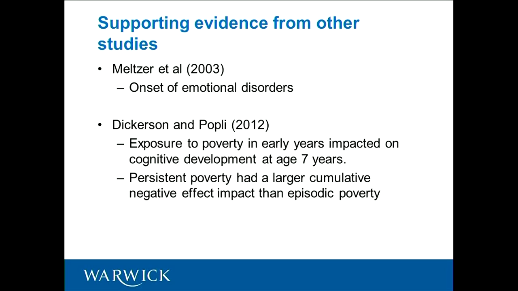It's also been found more recently in analyses of the Millennium Cohort studies, where Dickerson and Popley, for example, have shown that exposure to poverty in early years impacts on child's cognitive development, and that although episodic and persistent poverty are important for children, it's persistent poverty that has the larger cumulative negative effect on children's cognitive development.